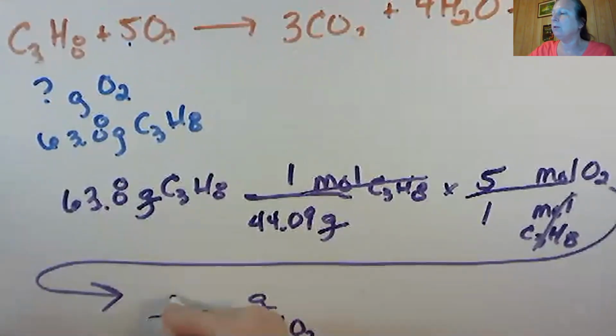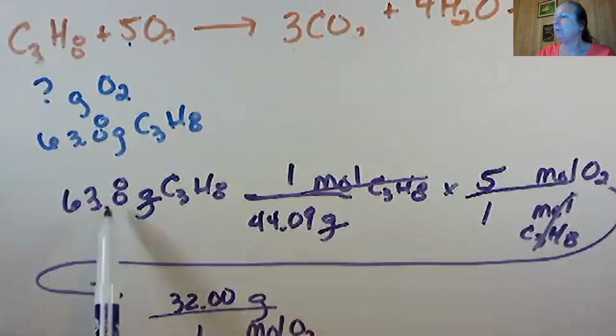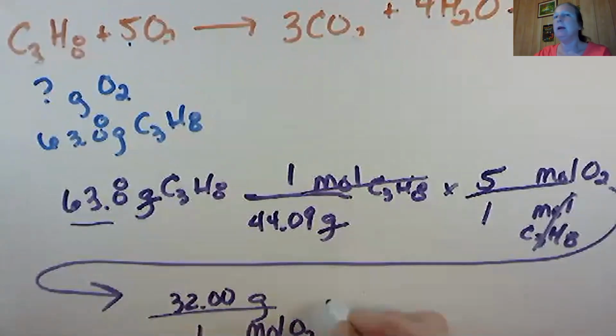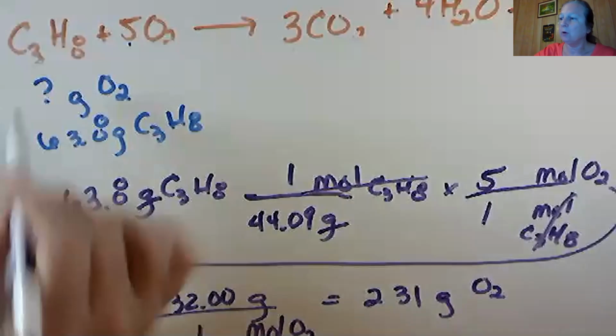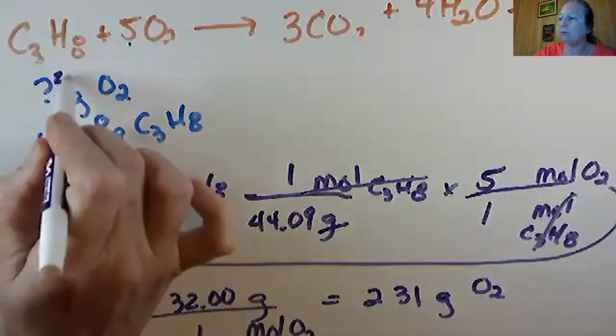So it's 1 and 32. I have 3 sig figs here. I have 4. This does not count. I have 4. So my final answer will be in 3 sig figs. And I do the math, and it's 231 grams of oxygen. So our answer is 231.